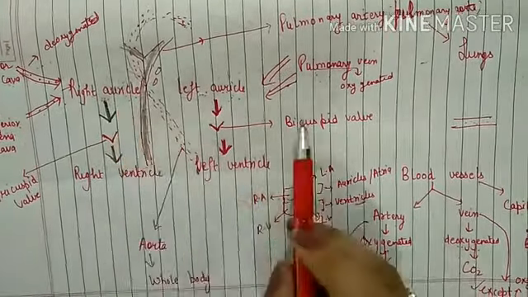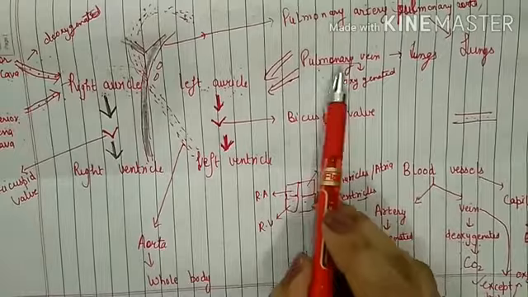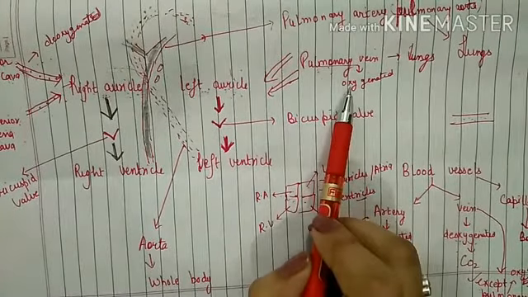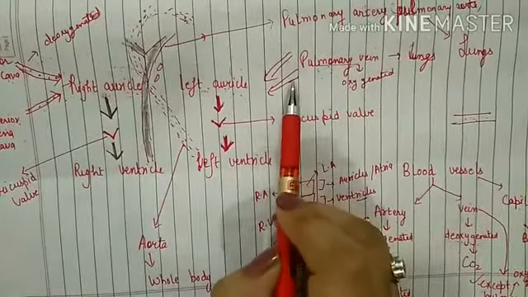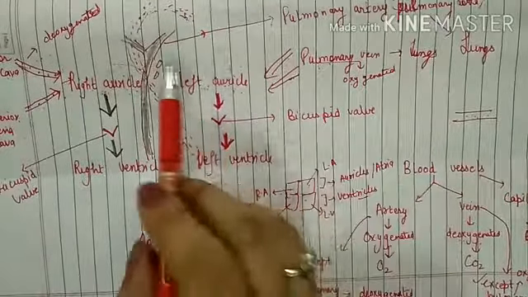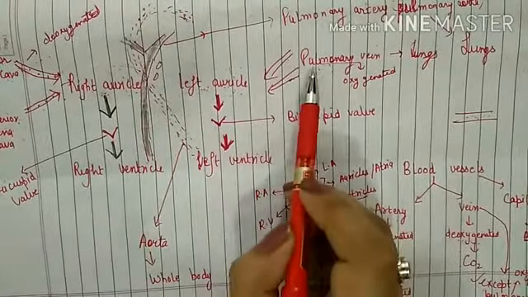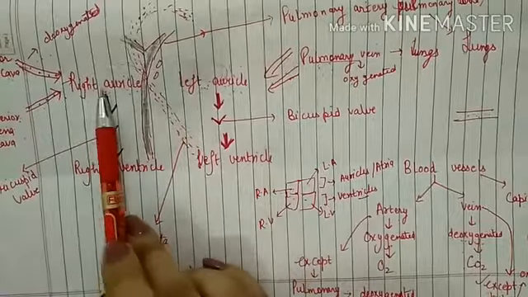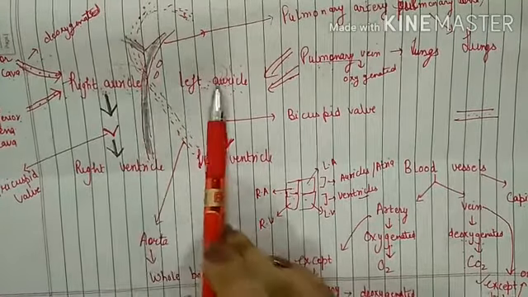So you need to remember that pulmonary veins carry oxygenated blood. 2 pulmonary veins from the right lung and 2 pulmonary veins from the left lung will enter and pour the blood into the left auricle. Then this is about your receiving chambers, that is, about auricles.